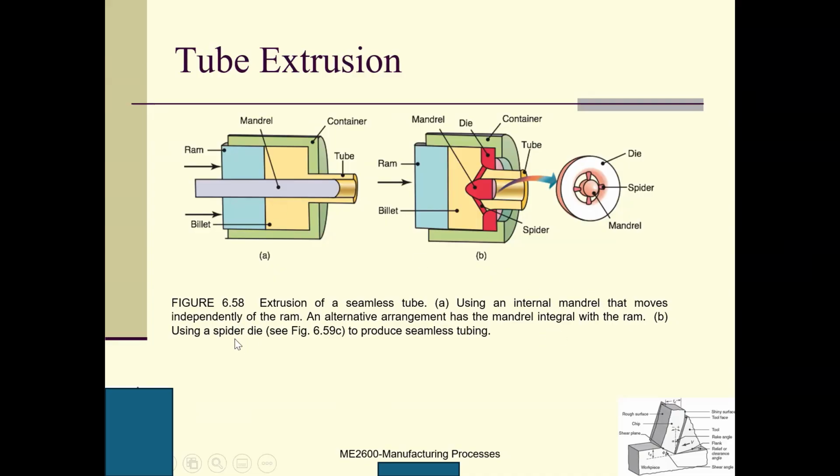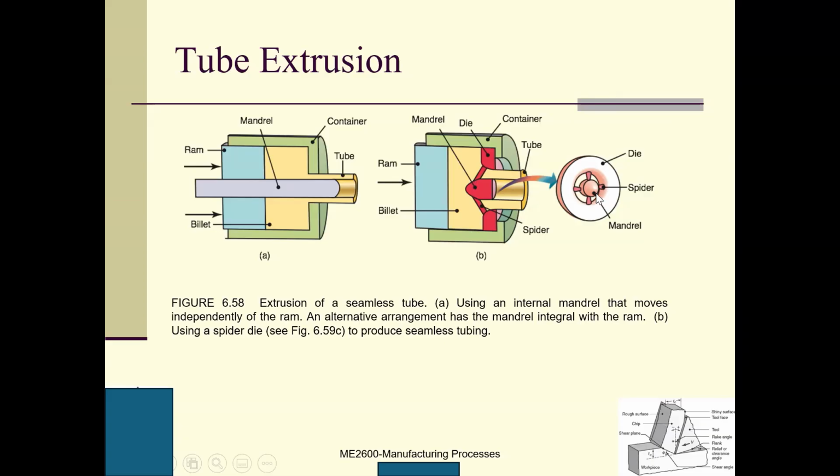So B is using a spider die. A spider die, just like a spider. So here is a spider die. You can see here is the block. Here is a part of the die. Here is a part of the die. Here's a part of the die. On this one, I have 4 orifices. 1, 2, 3, 4.